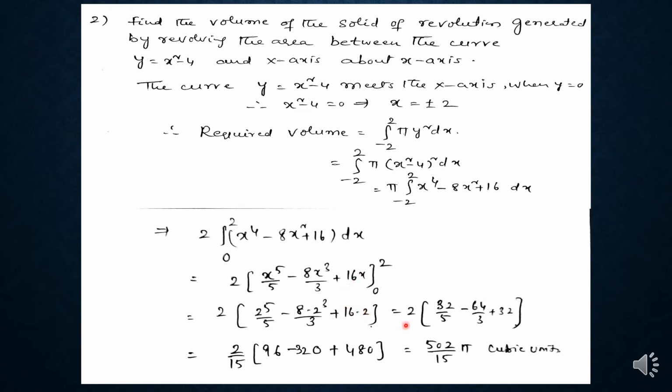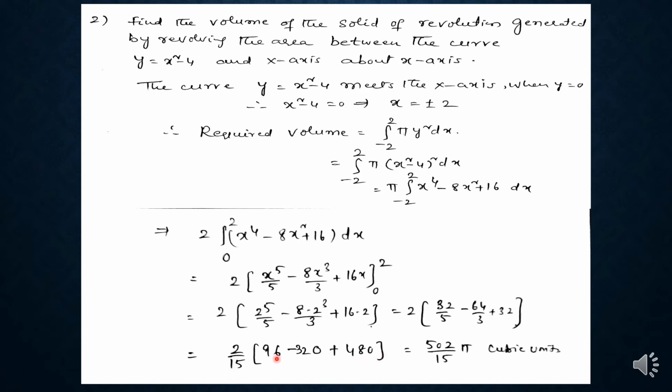So by simplifying this, we get 2 into (32 by 5 minus 8 into 8, that is 64 by 3, plus 16 into 2, that is 32). Now by taking the LCM, we get 15 here. So 2 by 15 into (3 into 32 is 96, minus 64 into 5, that is 320, plus 32 into 15, that is 480).